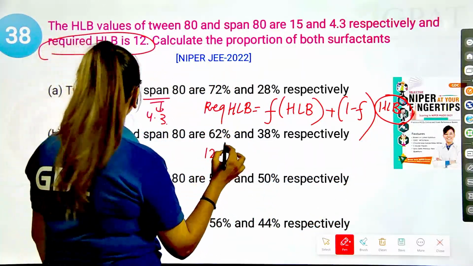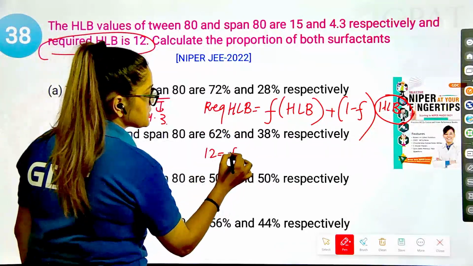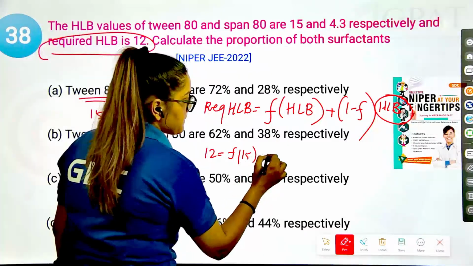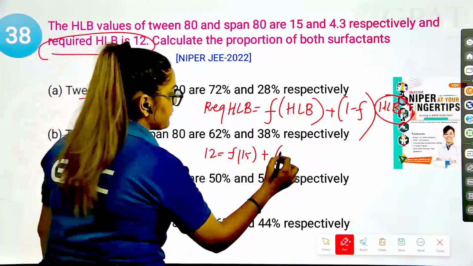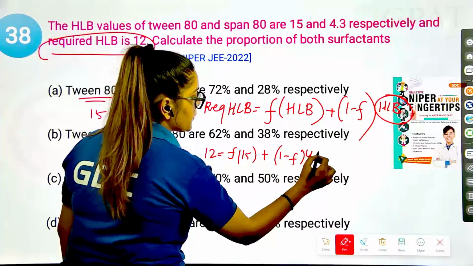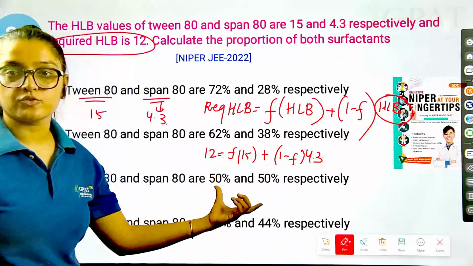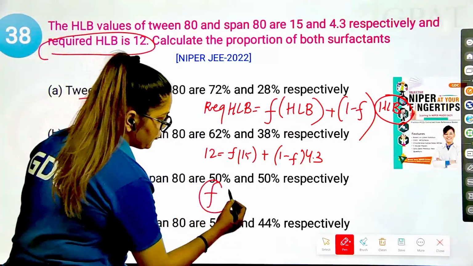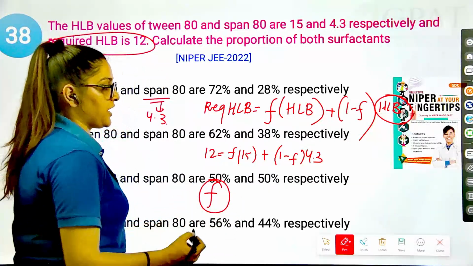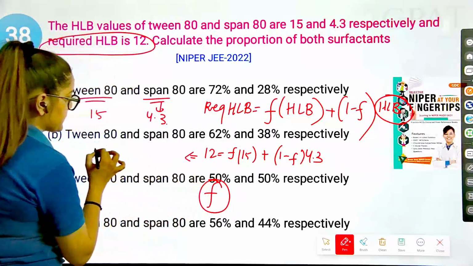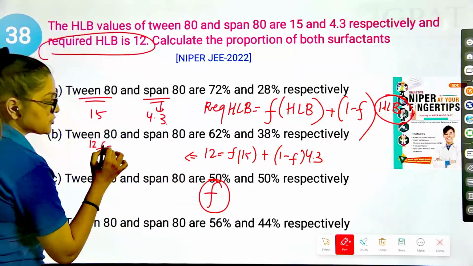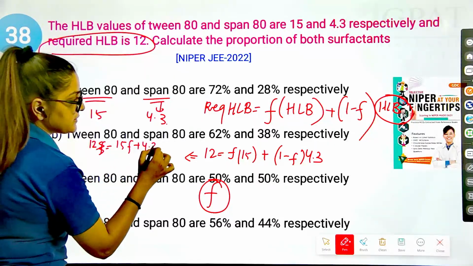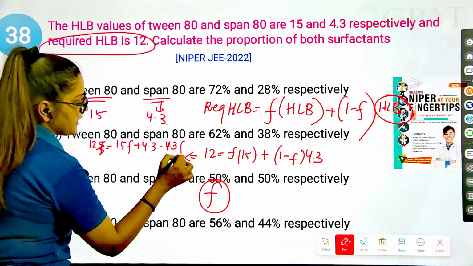We have the first fraction which is not given to us. Let's assume it is F, and the value is 15F plus 1 minus F, we have here, the value is 4.3. So now you just have to solve for the value of F in this case. Whatever value of F you will get, that will be the fraction. It is very simple. It will be 12 equals 15F plus 4.3 minus 4.3F, right?